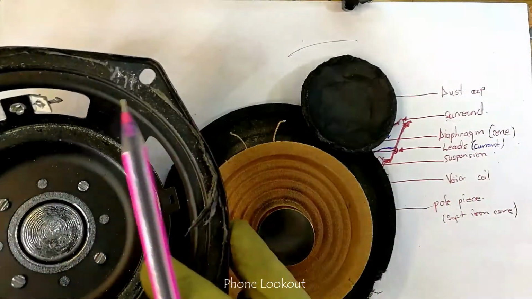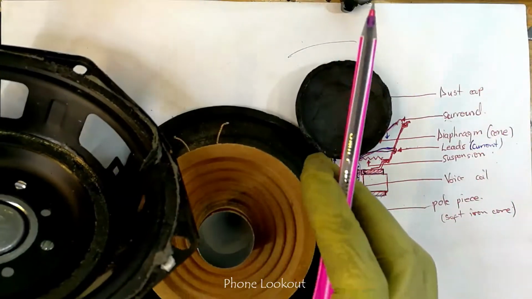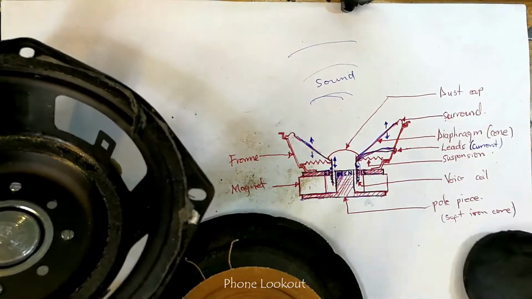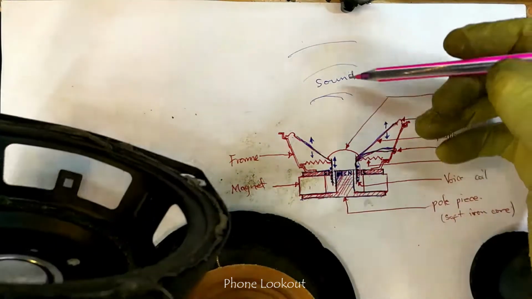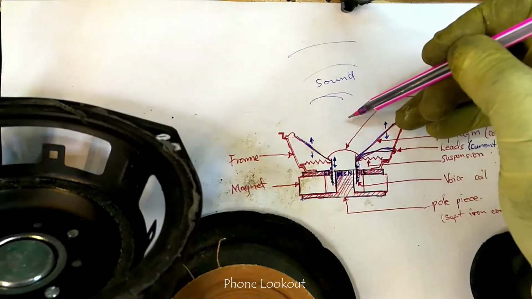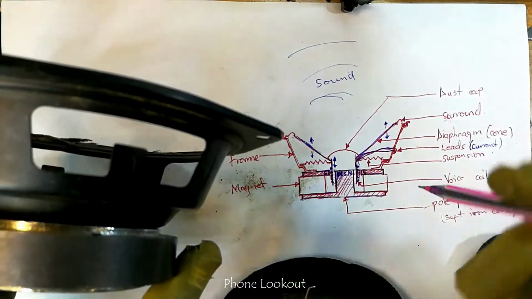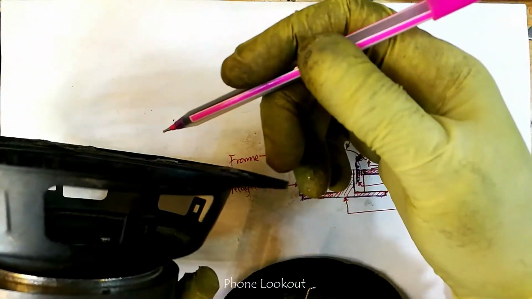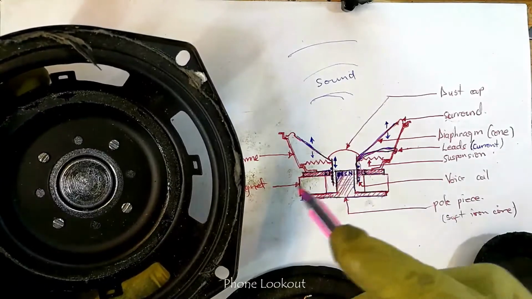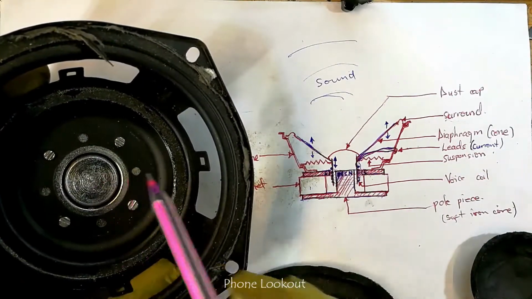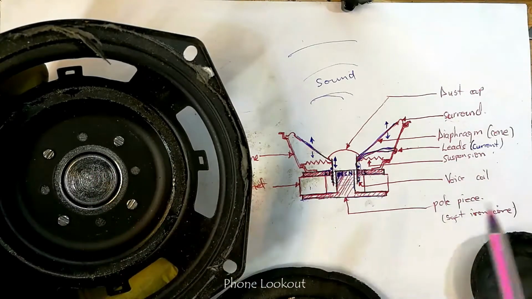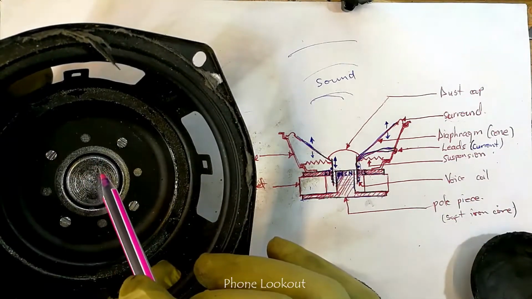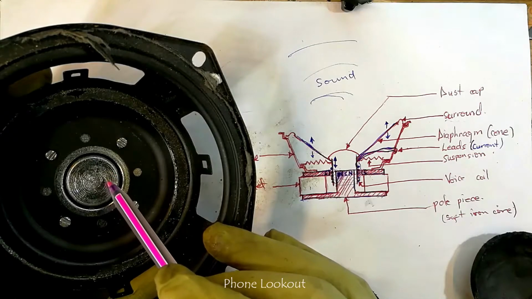Now if you look at this, like we defined earlier, we are looking at this from that direction. So let me tilt it like this. When you look at this pole piece right there, it comes up to here, so this generates one pole.